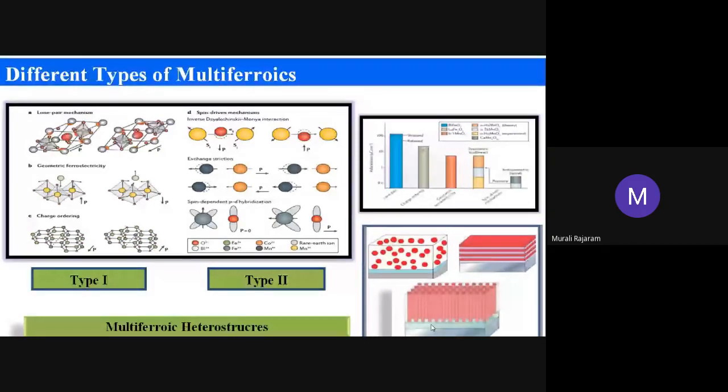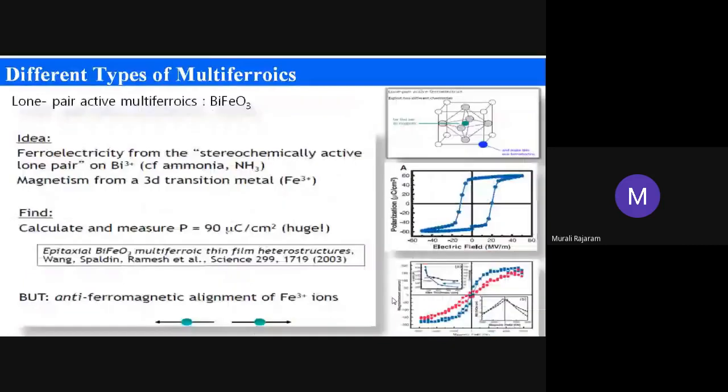Okay. So as I said before, I'm going to concentrate on bismuth ferrite, because it's a very interesting material which has around 90 microcoulomb per centimeter square, which is quite huge. In the bulk, the problem is this is antiferromagnetic alignment of Fe3 spins.